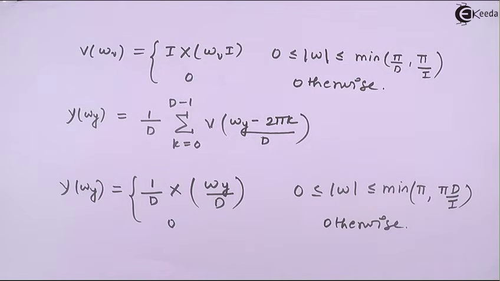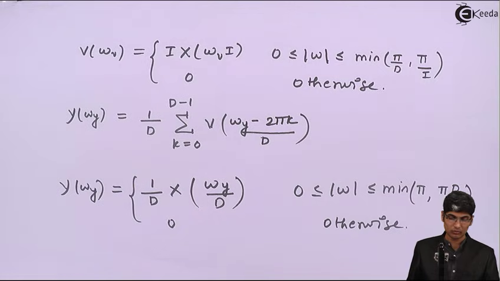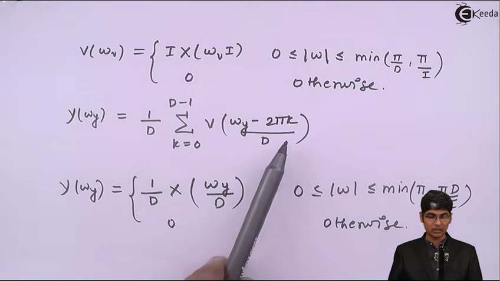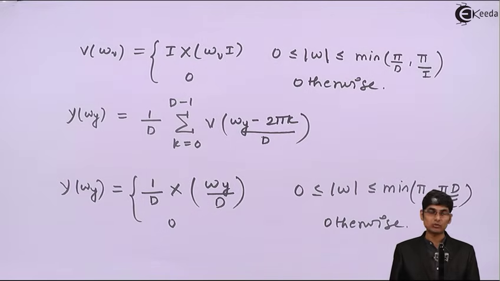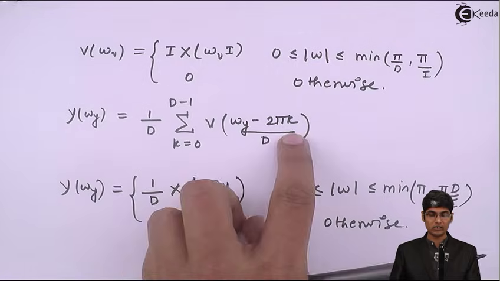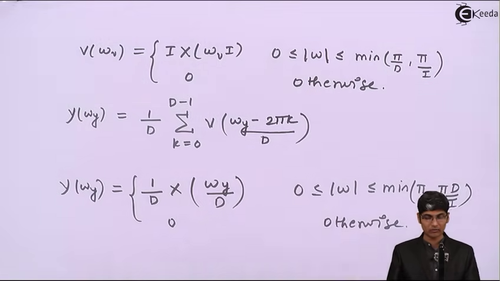No need to prove this, because what this shows is that we have filtered it carefully and there is no aliasing. For that reason we are keeping k equal to 0, because there is no shifting and no aliasing, and once we filter it we get only one set of information. When k is equal to 0, I will get omega y by d.